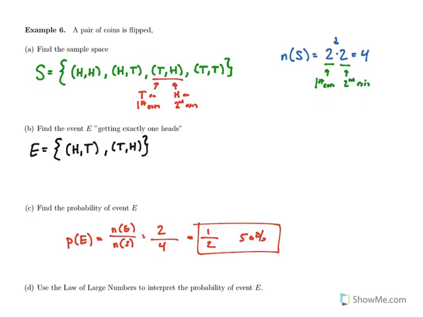So what this last part is asking, using the law of large numbers, is how can we interpret the probability of an event E? What is this trying to say?